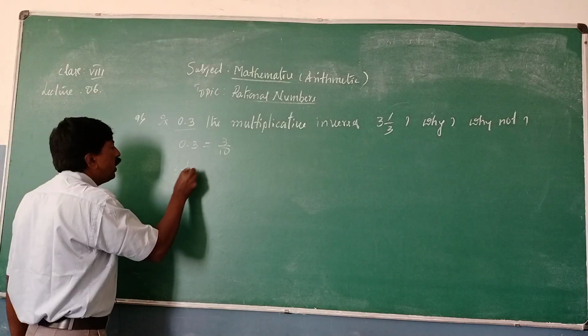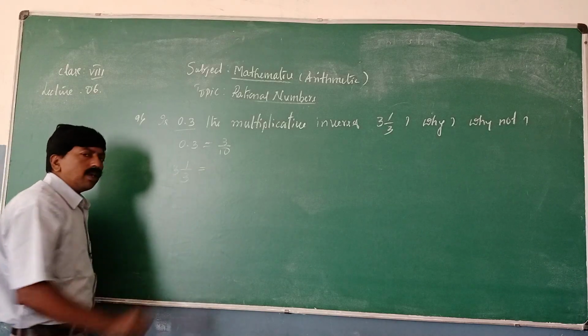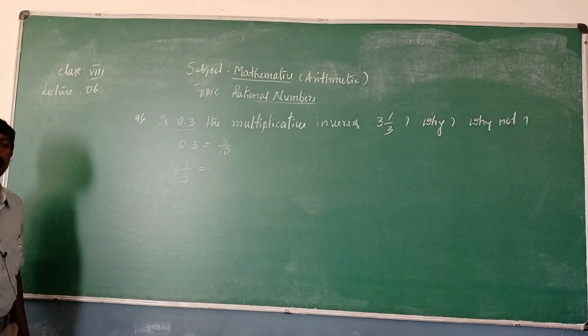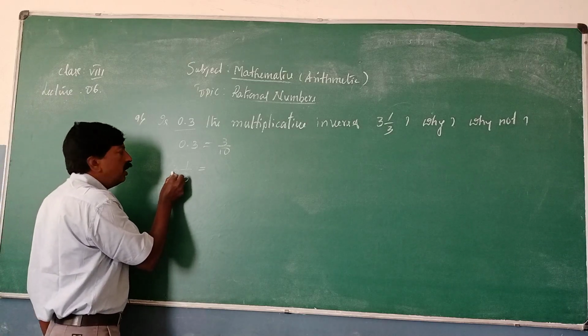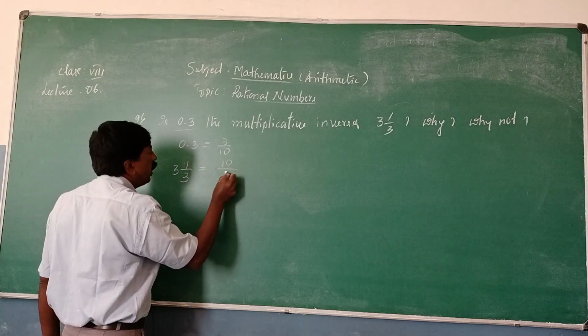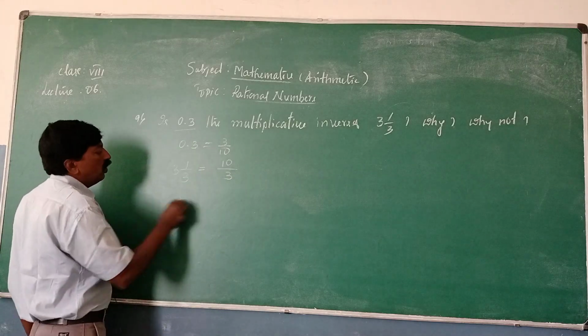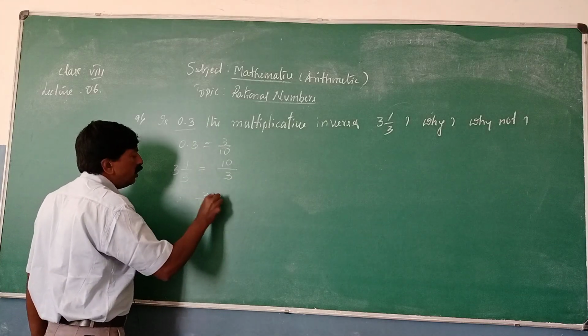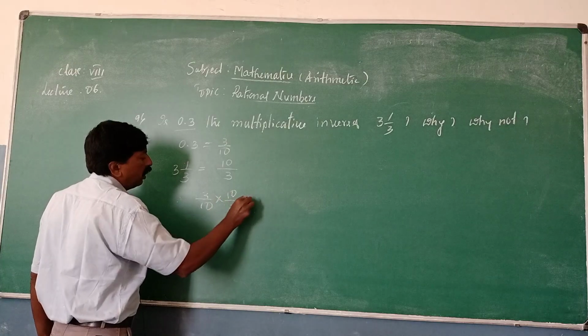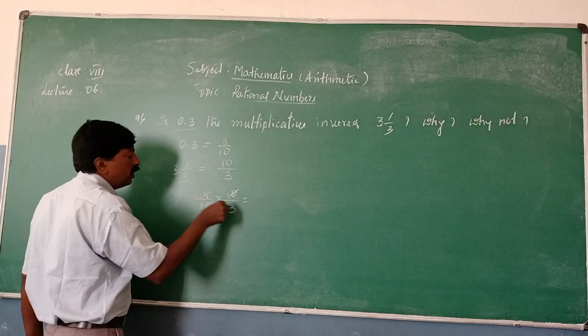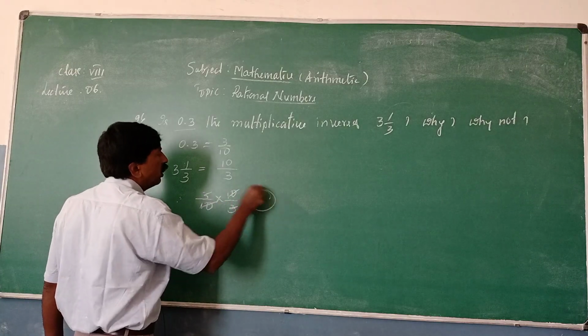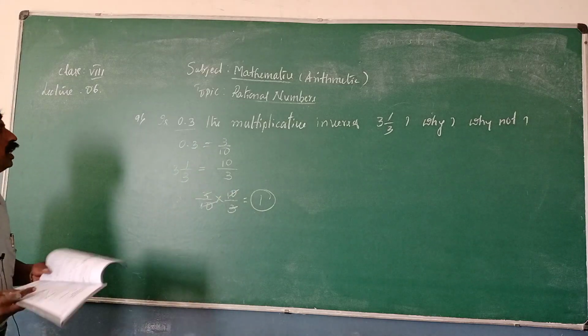And 3 1 by 3, convert mixed fraction to proper fraction: 3 3s are 9 plus 1, 10 by 3. Therefore 3 by 10 into 10 by 3: 10 ones are 10 ones, 3 ones are 3 ones. You will get 1.